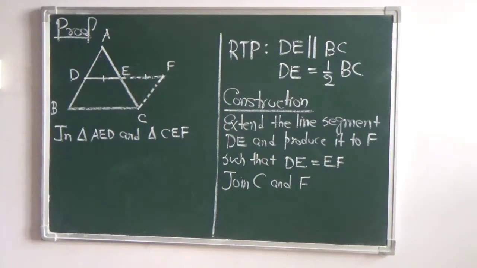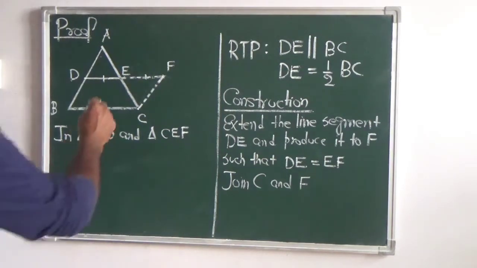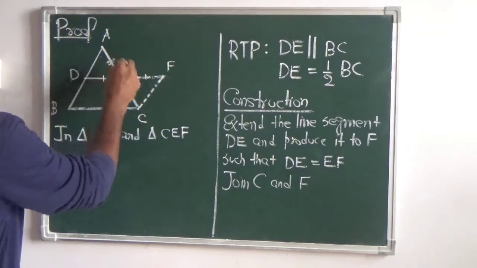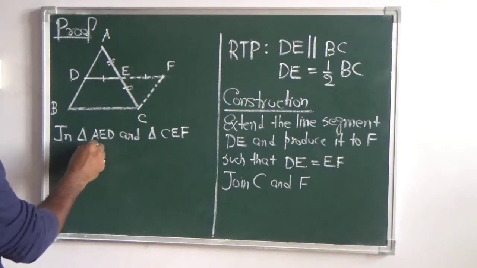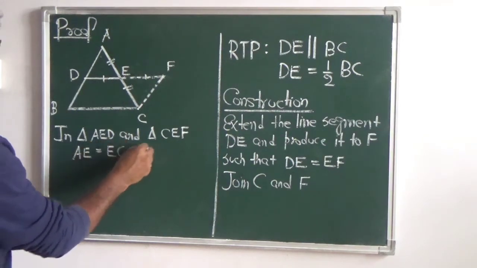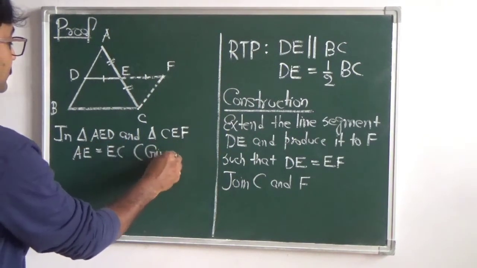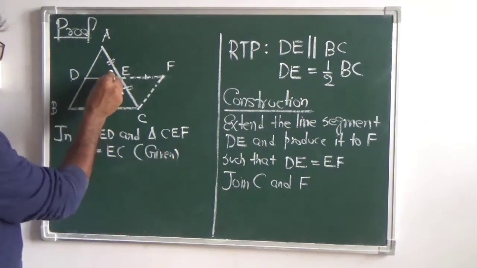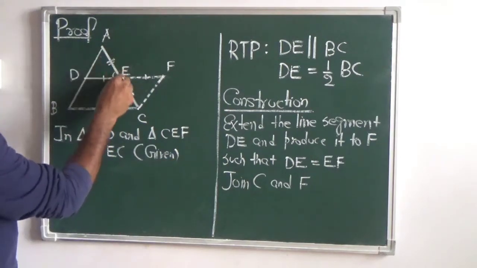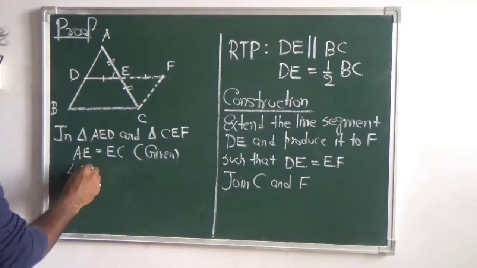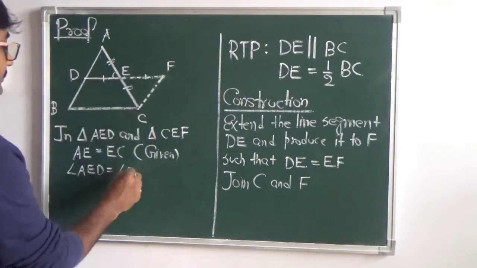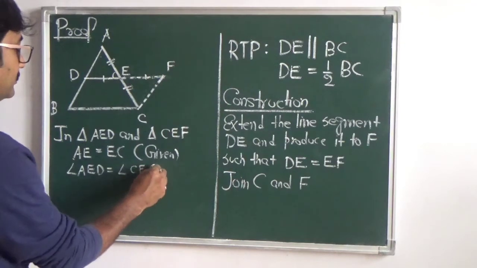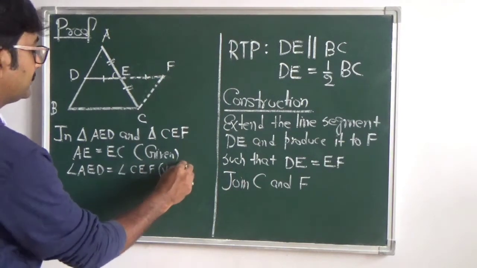So what are the things which you can take? We have AE equals EC, that is given because E is the midpoint. Angle AED is equal to angle CEF, vertically opposite angles.